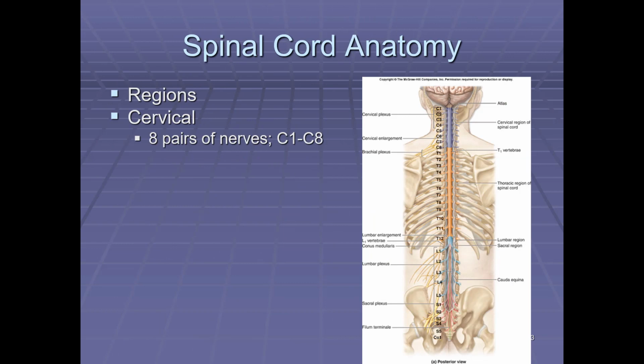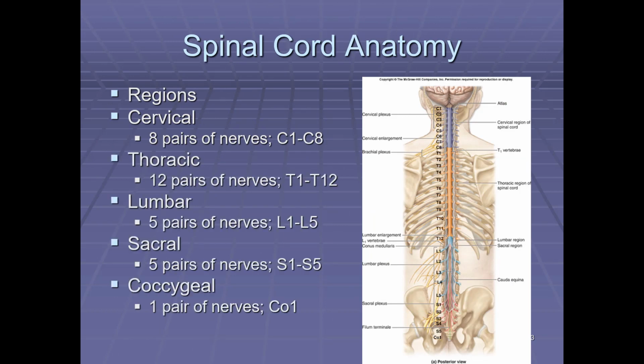Looking at this view of the spinal cord, you can see there are some similarities between the spinal cord areas and the nerves coming off of it, and the vertebrae that we talked about with the bones. There's a cervical region, thoracic, lumbar, sacral, coccygeal. The cervical region has 8 pairs of spinal nerves coming off, C1 through C8.